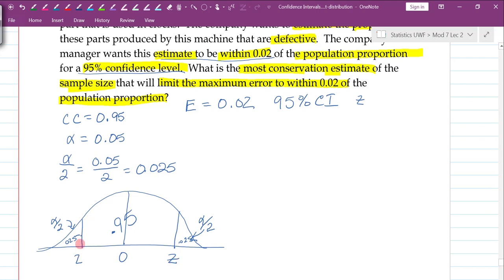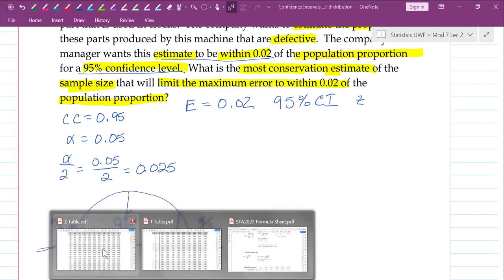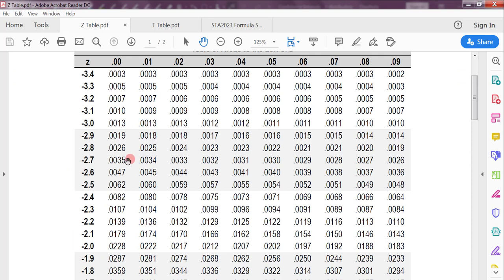Well, the easiest way using our current UWF tables is just to look up this right here, which is 0.025. Yes, it'll give us our negative z, but that's okay. I know how to deal with that. So we're just going to look up our z right here, and we're going to look up 0.025. 0.025 is right here, the area under the curve.